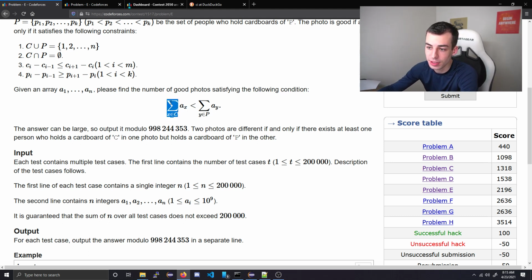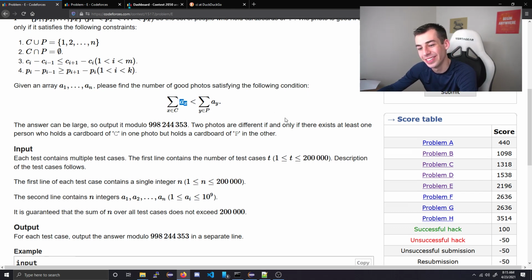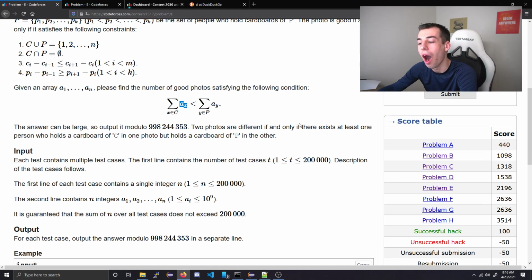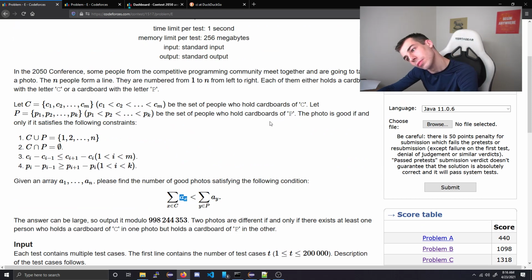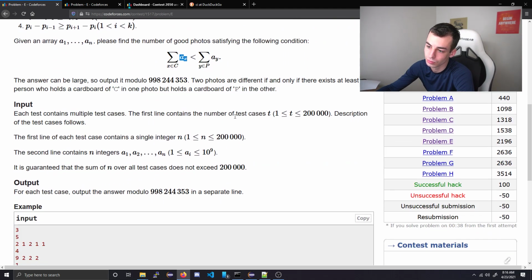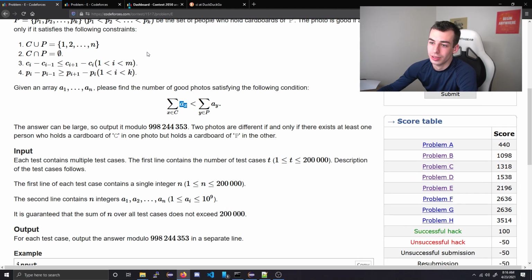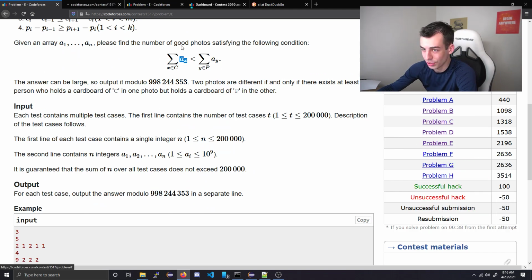Sum of all of the C. Whoa, what? Okay, this is an insanely ugly problem. Let's try another one.